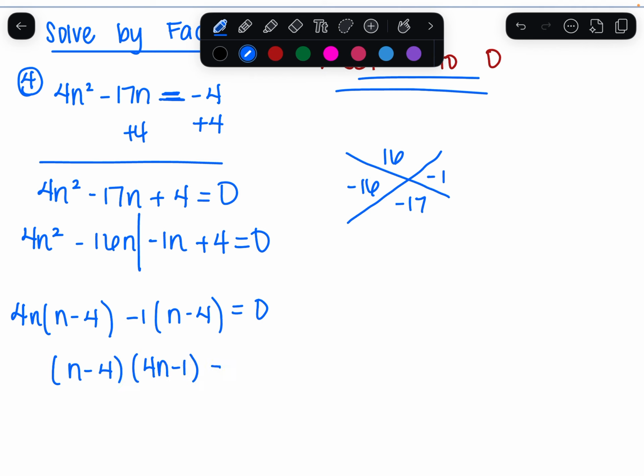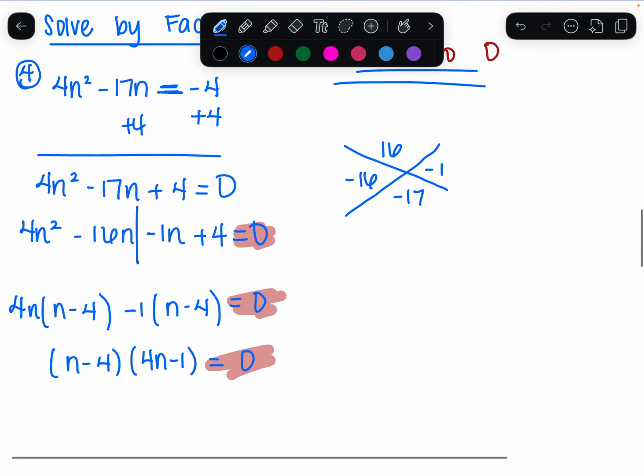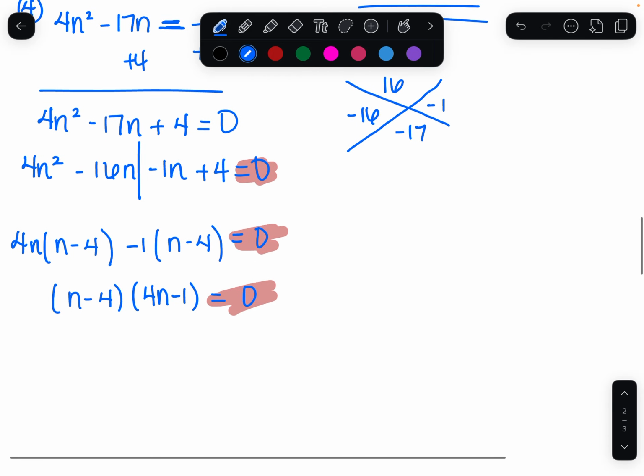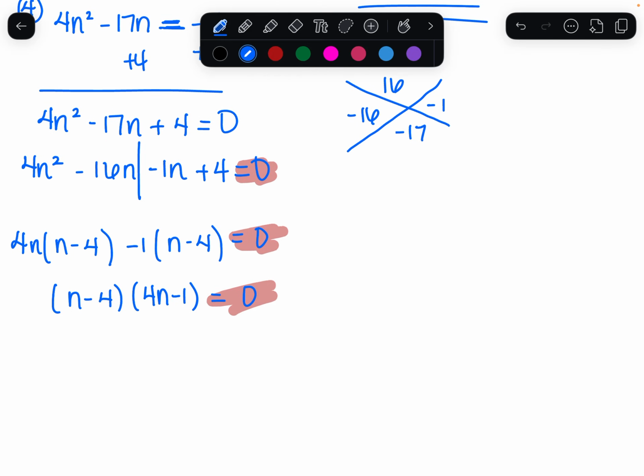Now notice that I was really good about putting this equals 0 each step. It's really important that you include that, because the last piece here is that to actually get the solution for n, so to get n equals, we have to set each of these pieces equal to 0 and solve.